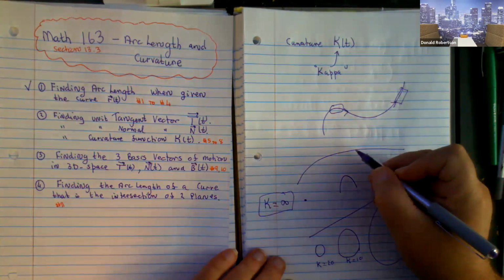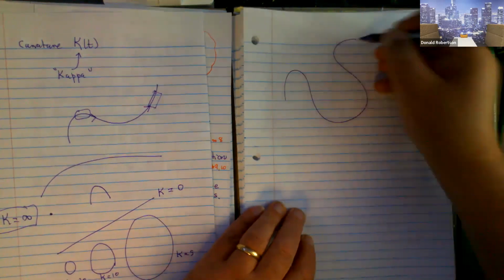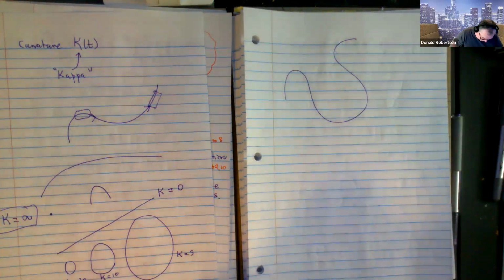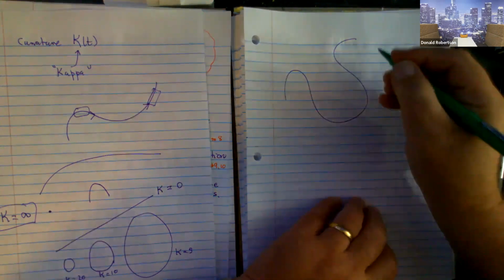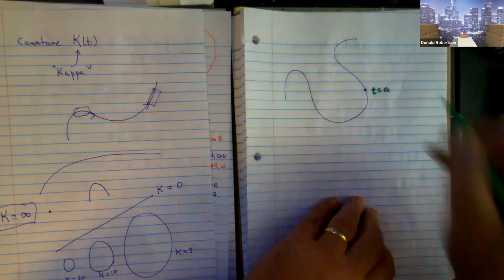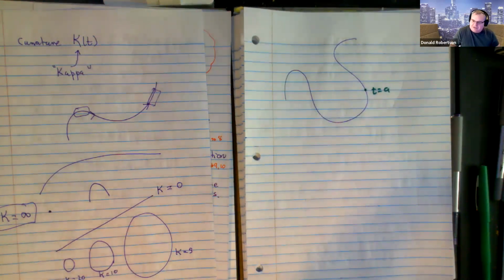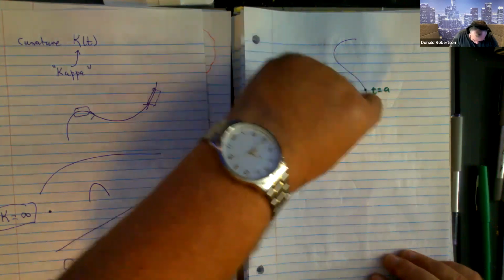If you take any point on a curve, let's do a new curve. Okay, so here's my space curve. Suppose I was interested in the curvature at this point here, right? Let's call it t equals a. What you can construct is a circle that has the same curvature as that.